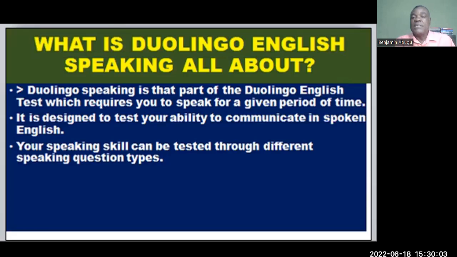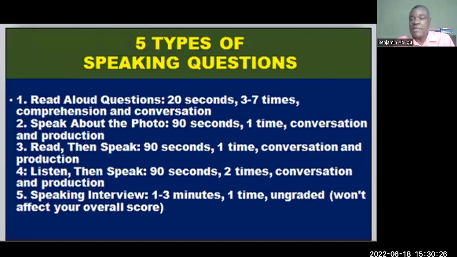That is your ability to express your ideas clearly. All right? So you must make sure that you speak naturally and confidently in line with the question prompt. Whatever you are asked to do, make sure you stay on topic and talk about it and show that you are proficient in the use of the English language.